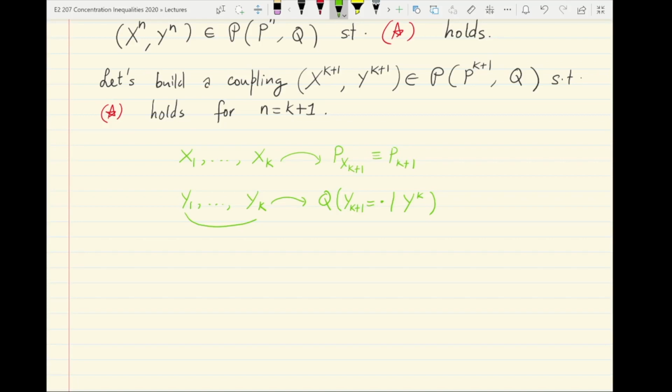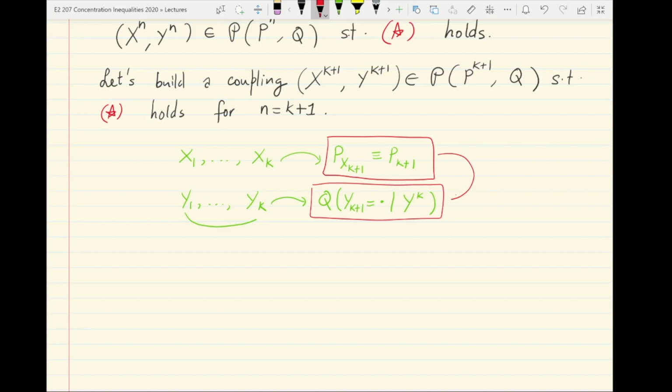So having conditioned on the realization of y 1 through k, you take the conditional distribution of y k plus 1 given the first k y's, and couple it to the x target distribution, which is p k plus 1.